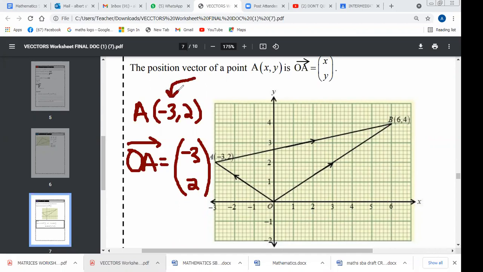But as a vector, what does the -3 represent? Number of units to the left. Very good, yes. And what does 2 down here represent? Number of units going up. It will be going up, Andrew. Yes, you're reading the notes, man. Very good.